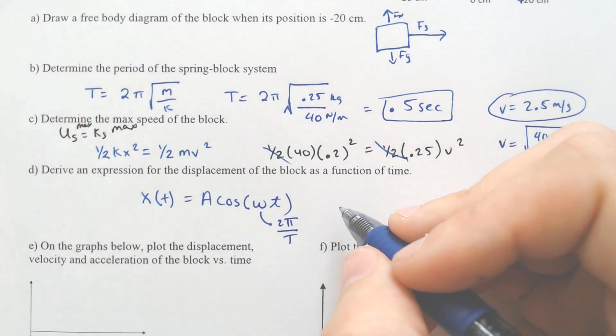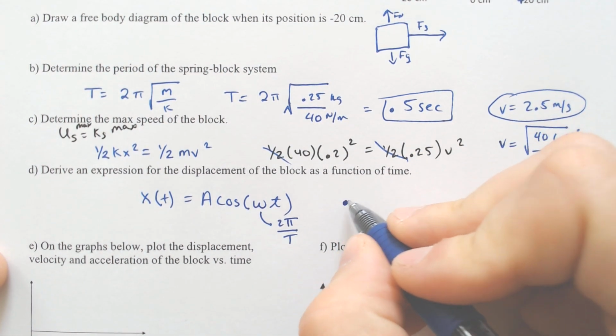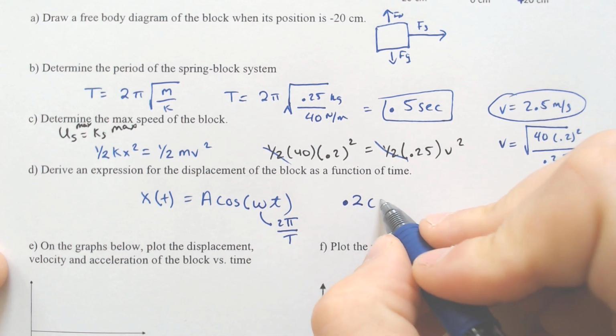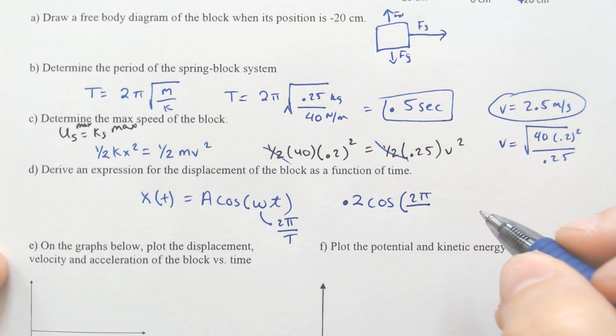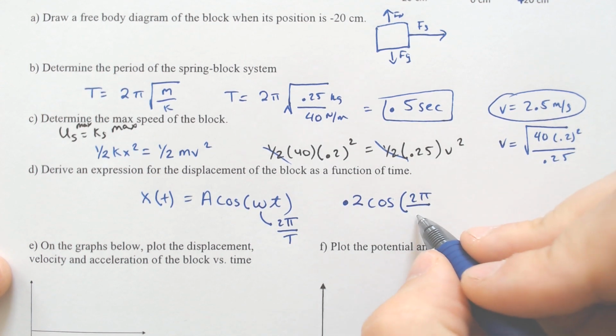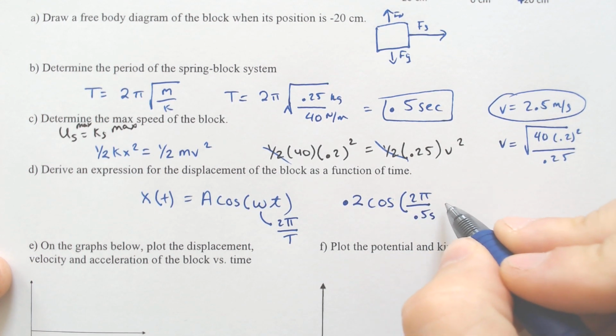So with that in mind, we can just plug in our amplitude, which is our displacement, cosine of 2 pi divided by our T. Have we figured out the T yet? Yes, it was 0.5 seconds.